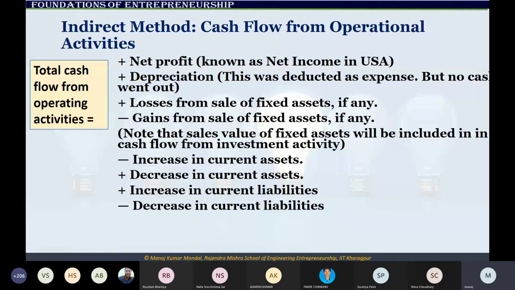If inventory goes up, that has consumed cash, so you deduct that. If current assets go down, that means some cash has been released, you add them. Similarly, current liabilities, if they go up, that means some money has come from outside the company, you add it. If they go down, then you deduct it. Okay.